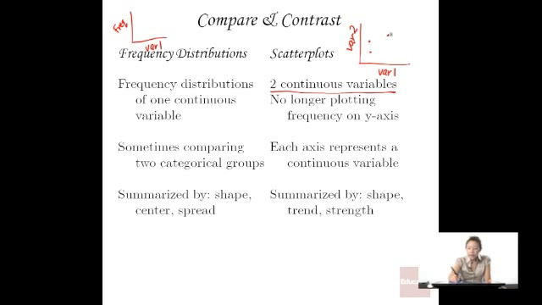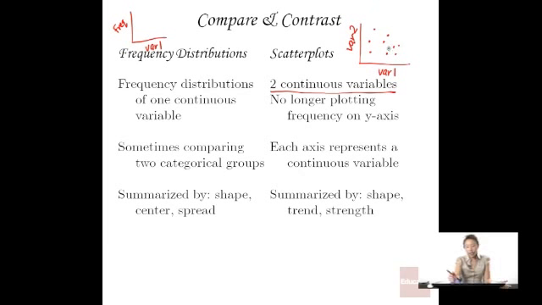And so each dot represents one person, but two values within that person. And it's called a scatterplot because it could look like somebody just scattered a bunch of dots on this graph. So it makes sense why it's called a scatterplot.